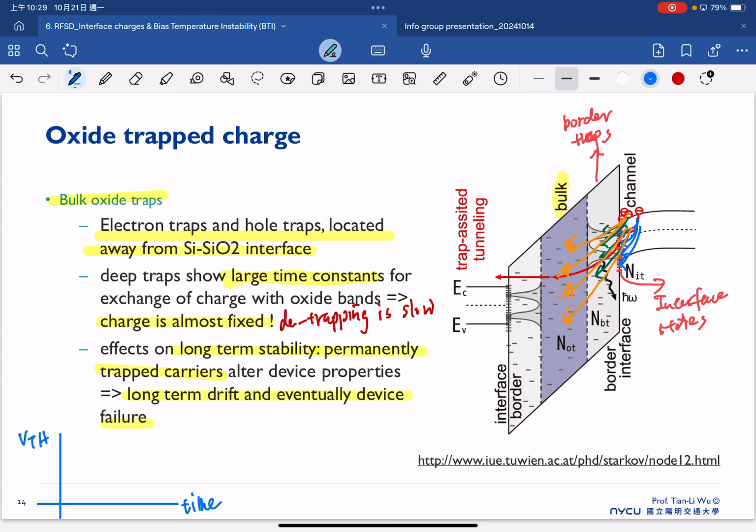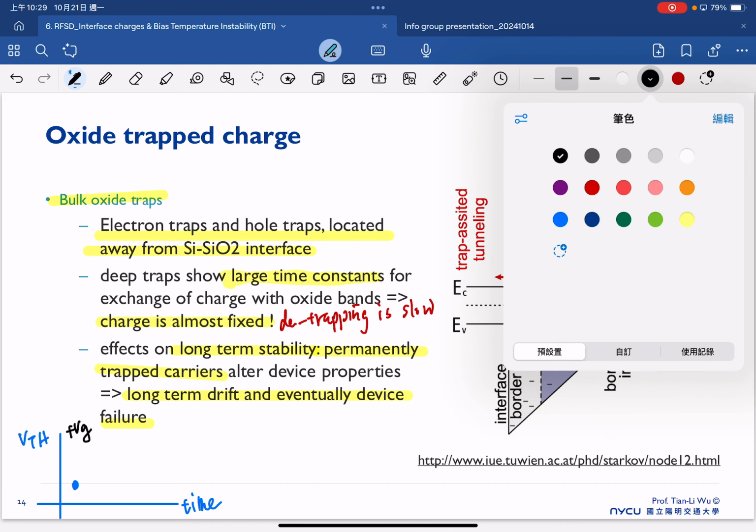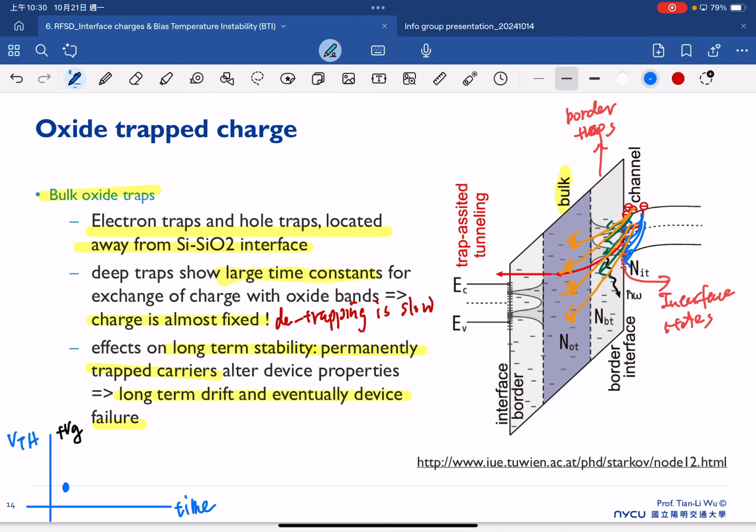As already mentioned, when we talk about reliability, everything is related to the time factor. So initially, we have the threshold voltage here. If we start to apply a positive gate bias, we start to see our threshold voltage shift. That means our threshold voltage becomes larger.